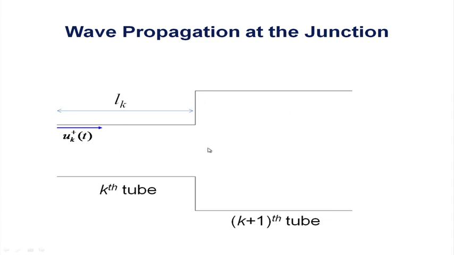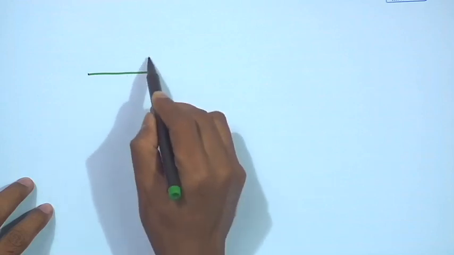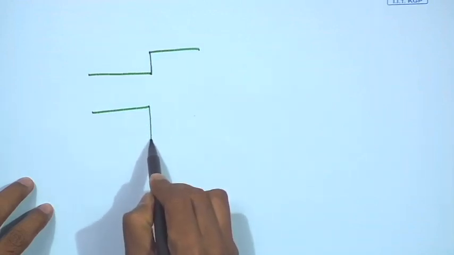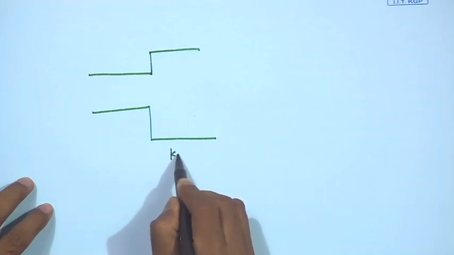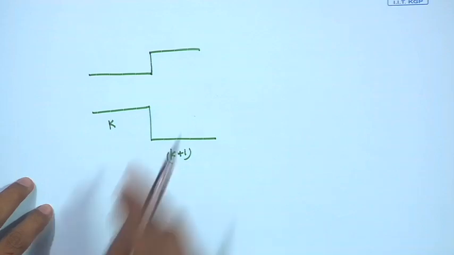So, instead of a single tube, let us consider different tubes connected with each other with different cross sectional areas. Let us take the kth junction. So, this is the kth junction of the tube. This is the (k plus 1)th tube and this is the kth tube, and this is the junction.